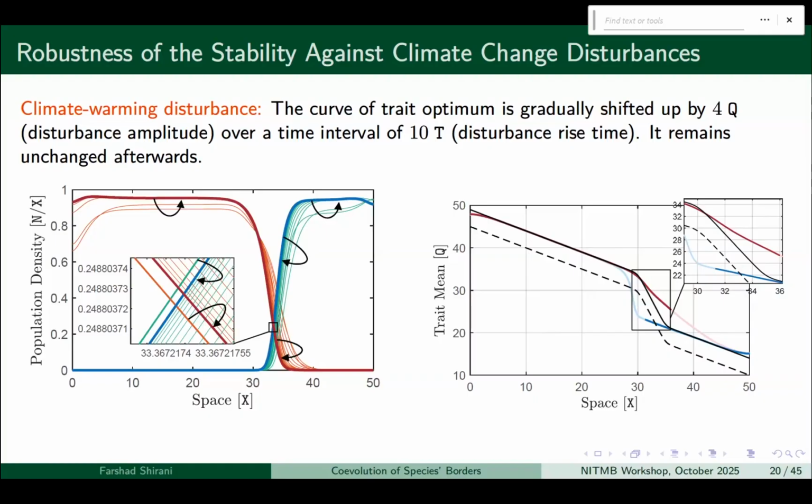But after a while, the weaker one gets adapted to the new environment and pushes the range back. So this range stabilization can be robust against environmental changes, and that gives us the message that places in nature where we see sharp changes in the gradient are going to be less sensitive to environmental changes.